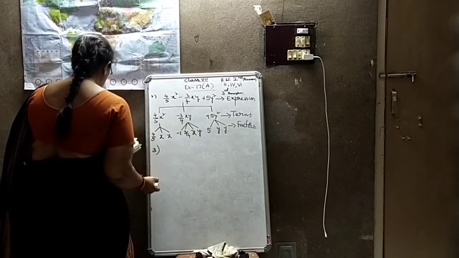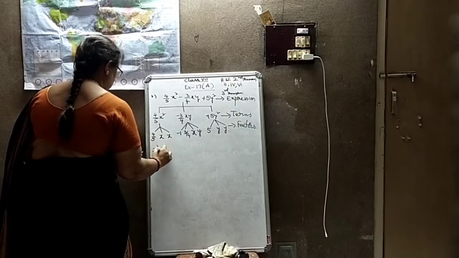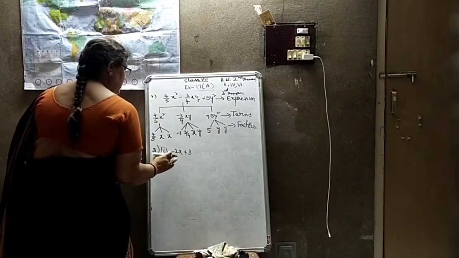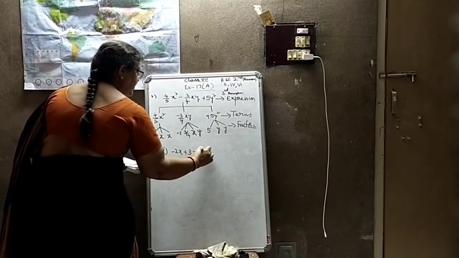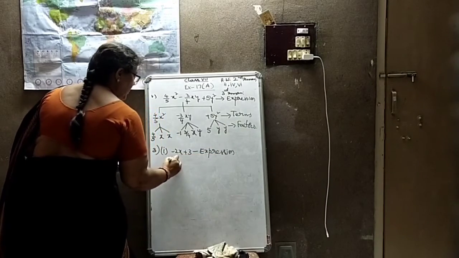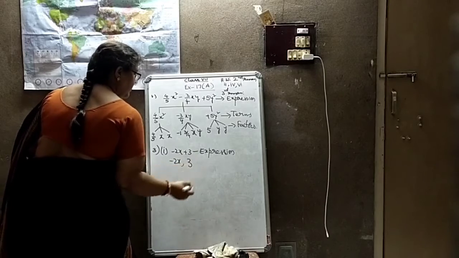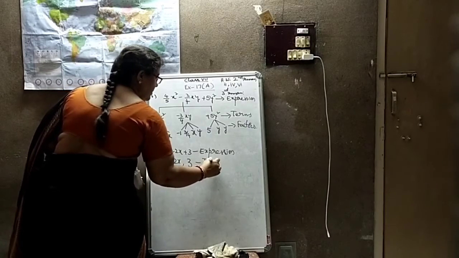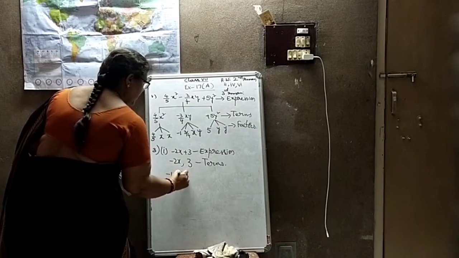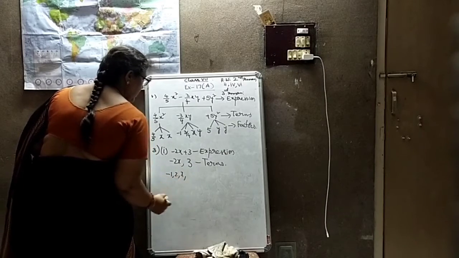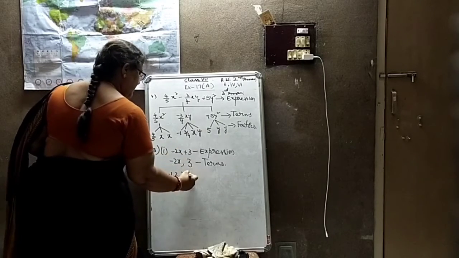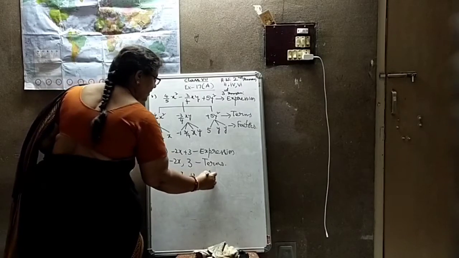Third Roman, I'll write the first one: minus 2x plus 3. It is an expression. Terms: minus 2x, 3. Factors: minus 1, 2, x, and plus 3.